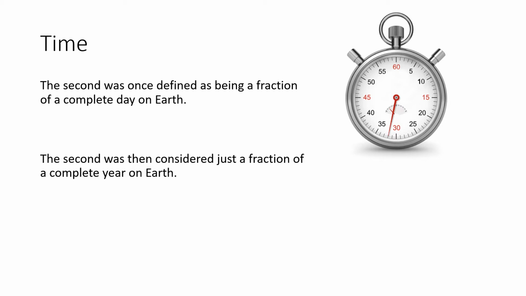But again, we figured out with better measurements, our years are getting longer. Not drastic, it's a minuscule amount. But these changes, a longer day, a longer year, we have to account for this somehow.